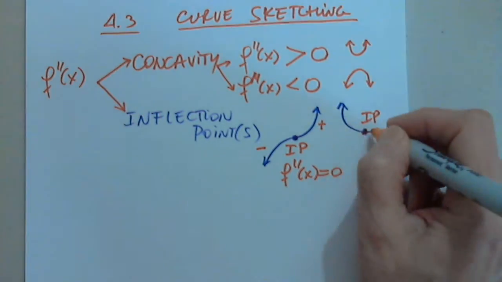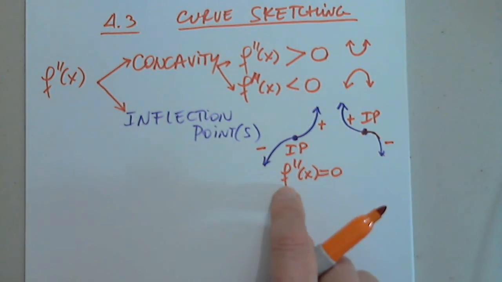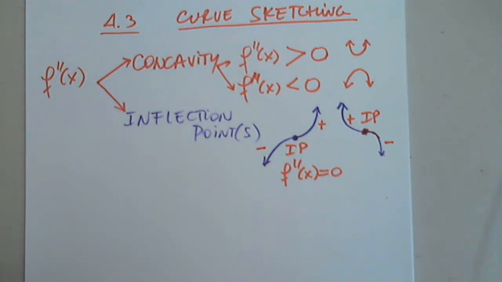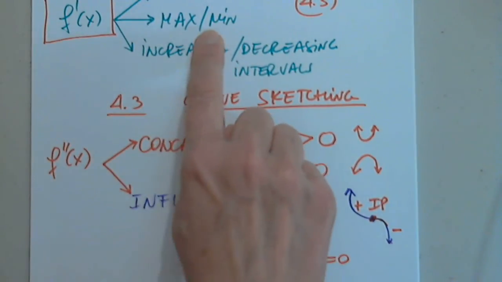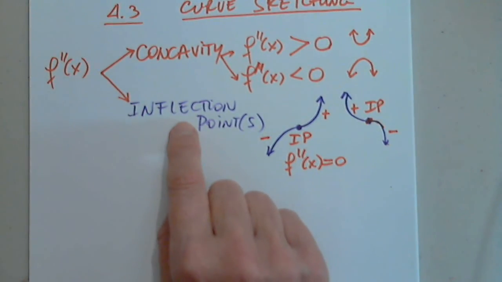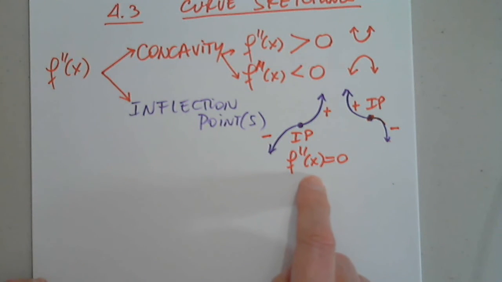Same thing here, from opening up, which is positive, to opening down for the second derivative. So then this one is an inflection point. So when I determine max min, I study the sign of the first derivative. When I determine inflection points, I study the sign of the second derivative in the same table. Everything happens in the same table.